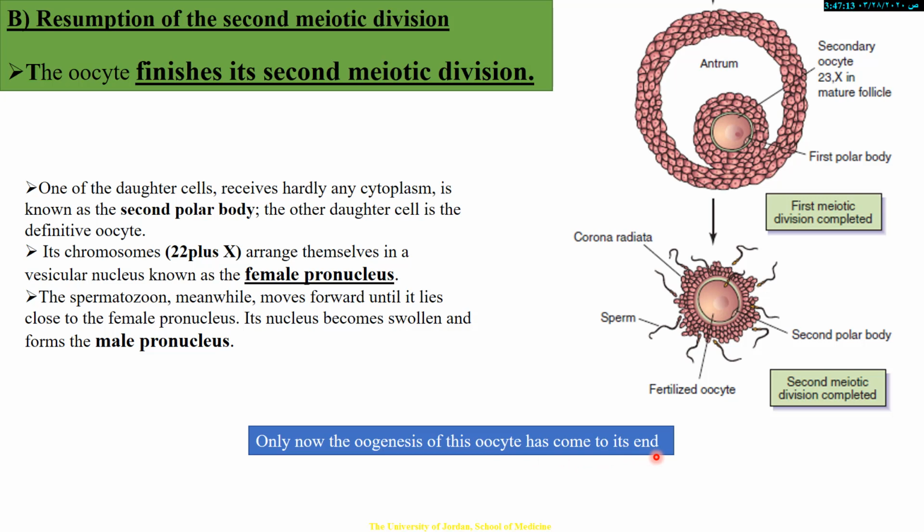So that's why when I talked about meiosis, I did mention that meiosis is totally different from mitosis. Meiosis is an art.